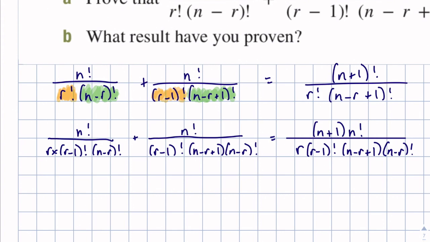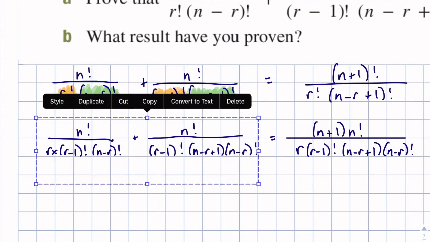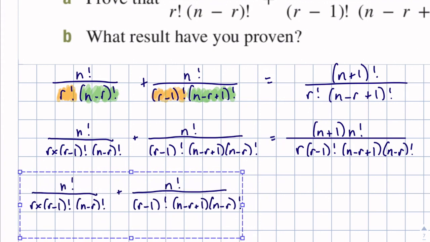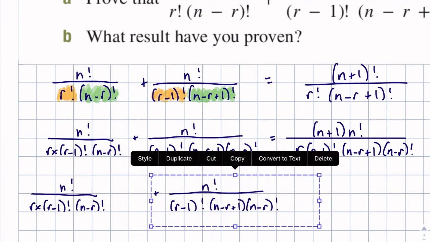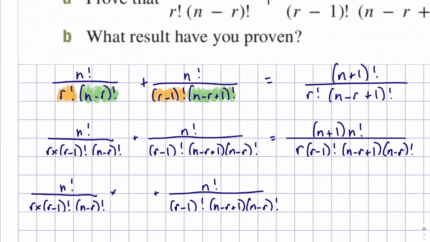Okay, adding this stuff on the left. On the bottom, I want the same things on the bottom, so copy and paste this down here and leave myself some space. This one's going to be times, now the only thing that's not appearing on the bottom here is n minus r plus 1.